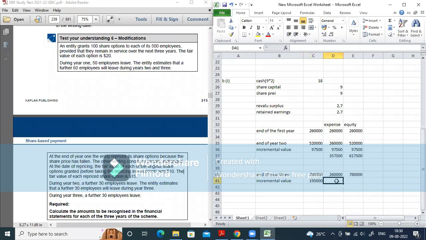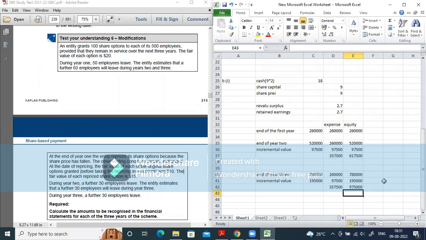So I hope you understood this incremental value of 97,500 per second year. Now we got 1,95,000. So for the expense, 1,95,000 minus 97,500. So the same value we got. So the total expense which we will be showing is 3,57,500 and the total equity 7,80,000 plus 1,95,000.